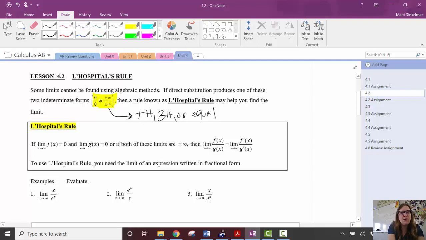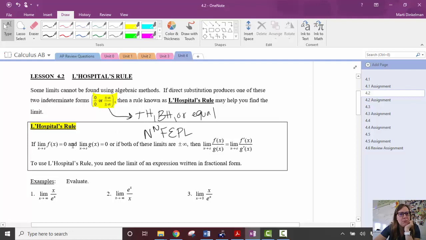And remember, with top heavy, bottom heavy, or equal, I like the acronym NN-FEPL, which helps us decide which functions grow faster or slower. L for logs grow the slowest, then x to the x's, which we don't see very often, and factorials, those grow the fastest. E is exponentials, like e to the x, and P is polynomials.